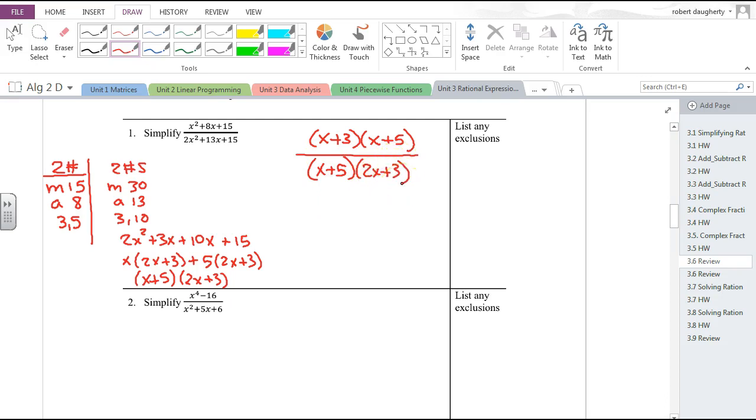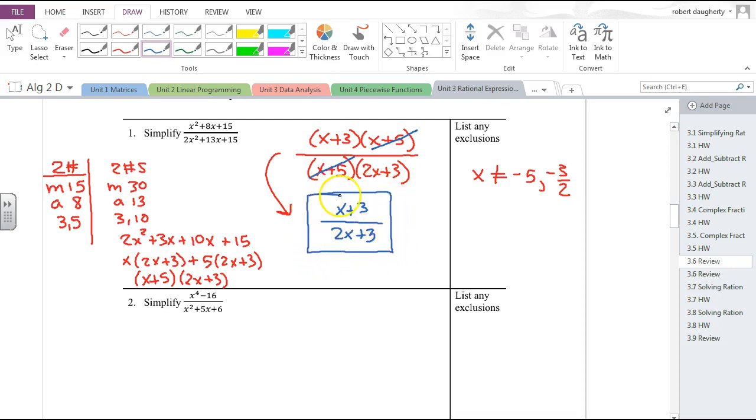What are my exclusions? I look at the denominator. x cannot be equal to negative 5 or negative 3/2. Now, when I look at simplifying this, I can recognize that x plus 5 divided by x plus 5 is simply 1. So the simplified expression is x plus 3 over 2x plus 3.